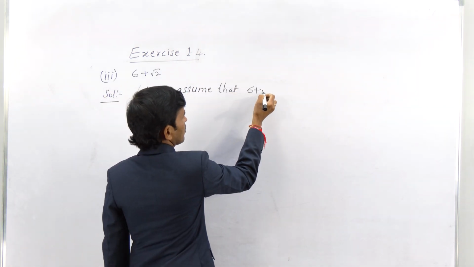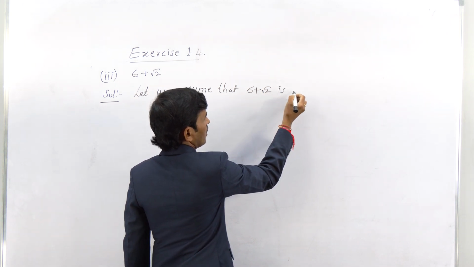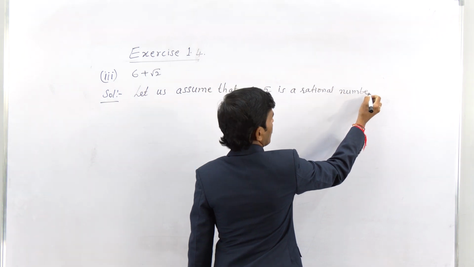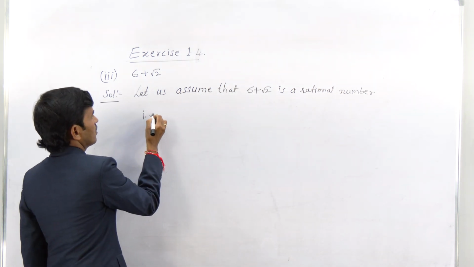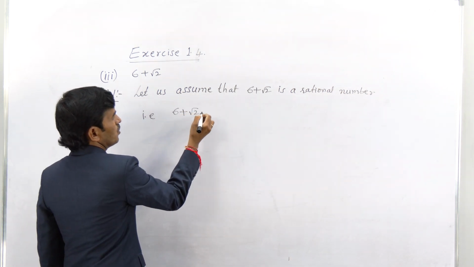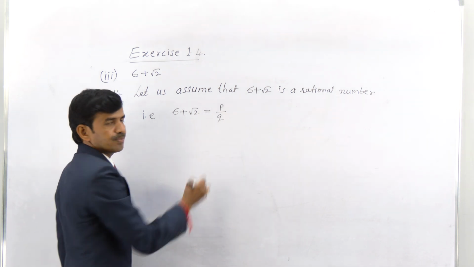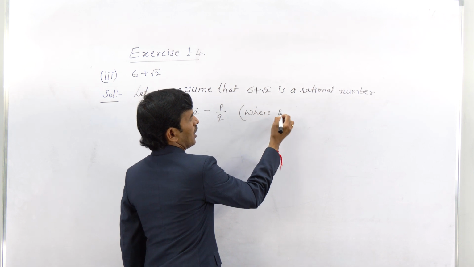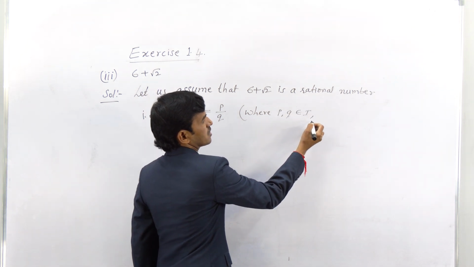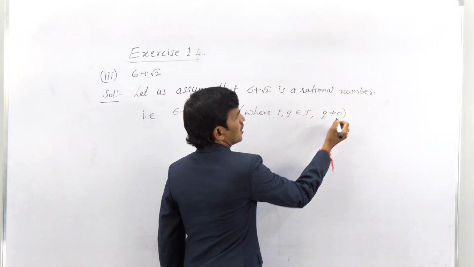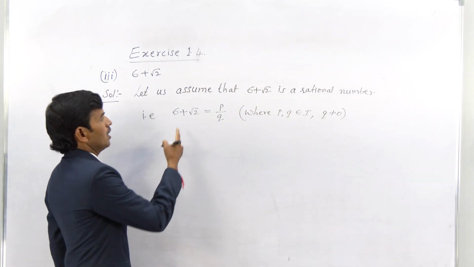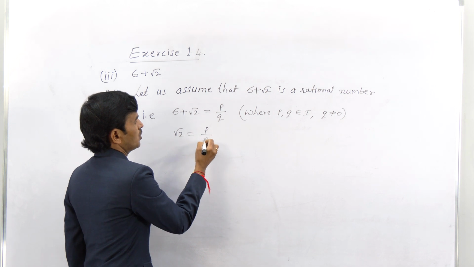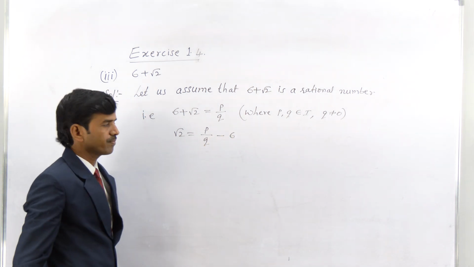Assume 6 plus root 2 is a rational number. That is, 6 plus root 2 equals p by q, where p, q belong to integers and q must not be equal to 0. Now if you transfer plus 6, root 2 becomes p by q minus 6.